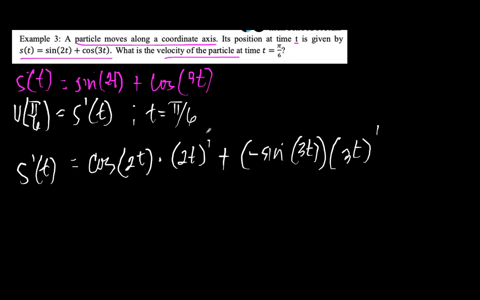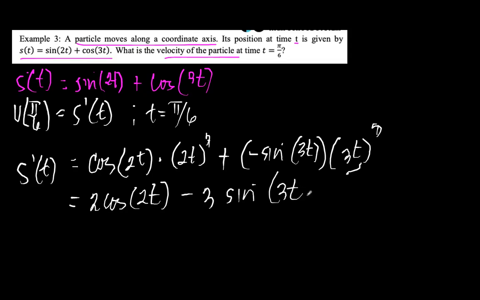So let's differentiate. The derivative of 2t is 2, giving 2 cosine 2t, minus, the derivative of 3t is 3, so negative 3 sine 3t, which is s prime of t.